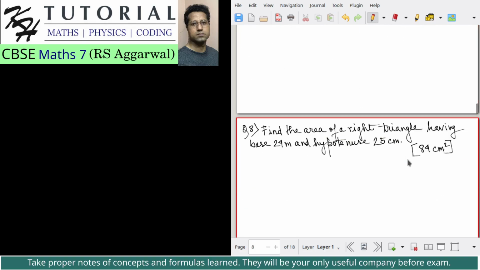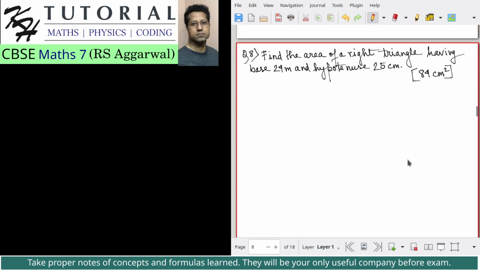Okay, let's see the next problem. Question number 8. Find the area of a right angled triangle having base 24 meter and the hypotenuse 25 centimeter. So let's say this is the right angled triangle ABC, right angled at B. Let's not consider small h as the hypotenuse, because generally small h is used for the height of a triangle.